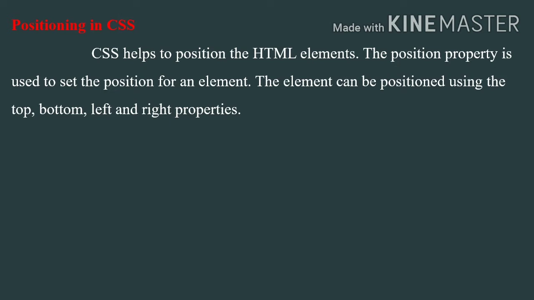Now see here, when we position the element on a web page, the element can be positioned to the top, bottom, left and right by giving the values for the location of that element, and the values provided for top, bottom, left and right are in the form of pixels.